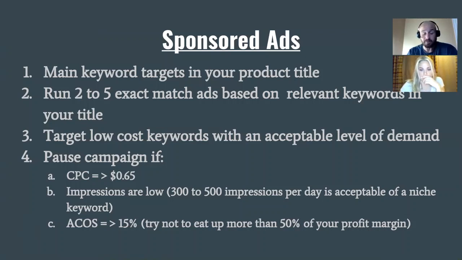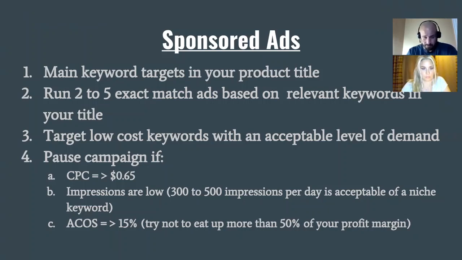Impressions are low, so look for like 3 to 500 impressions, depending on the market. Below that is really low for impressions, right? So we're looking for 3 to 500 on average impressions per day as acceptable for a niche keyword, right? So we want to keep our ACoS at 15%, and really you don't want to eat up more than 50% of your margin with ACoS, right? So if your margins are really high, you can go a little bit more than that.